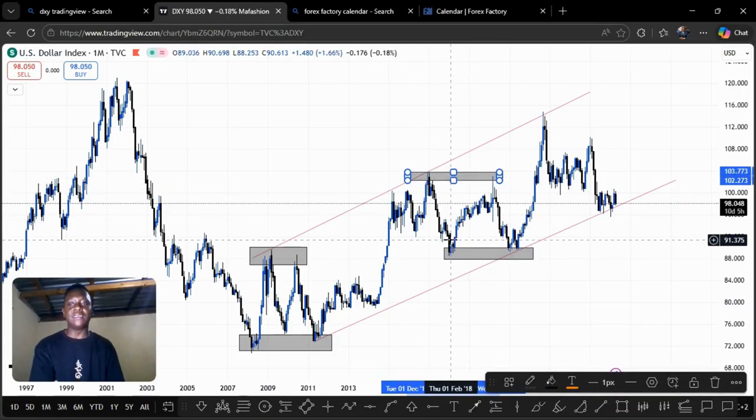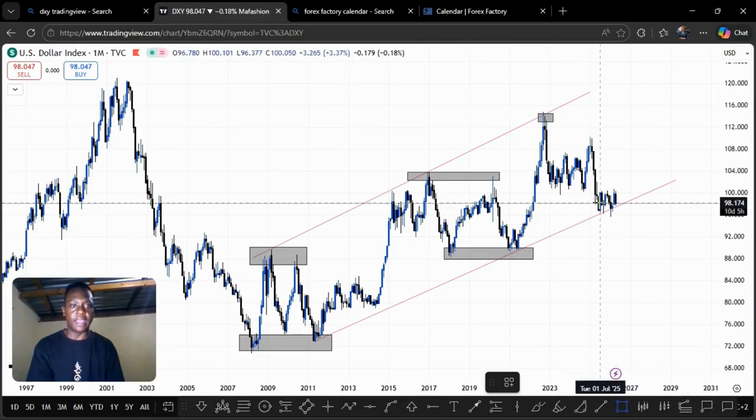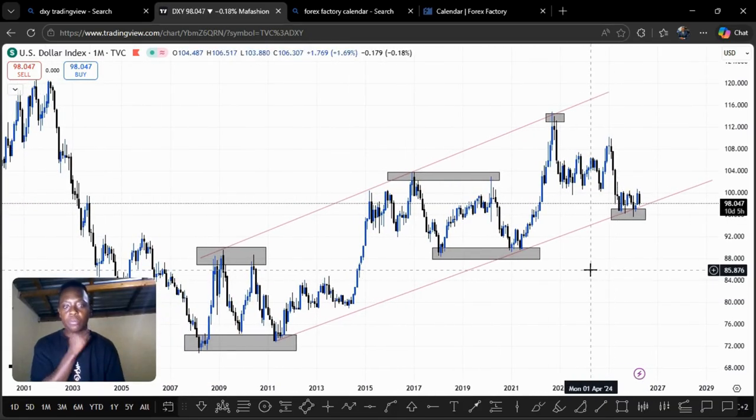By analyzing this chart, we can clearly see that this is an uptrend. We have a high and we have a low. So we can even take out our path.